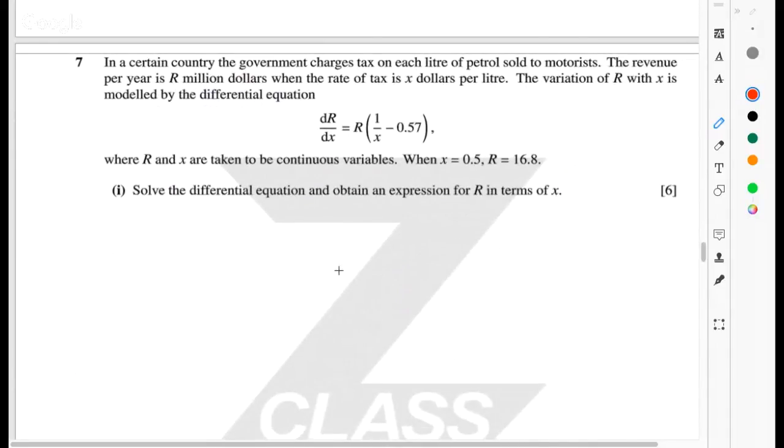Question 7. So here we have a differential equation.